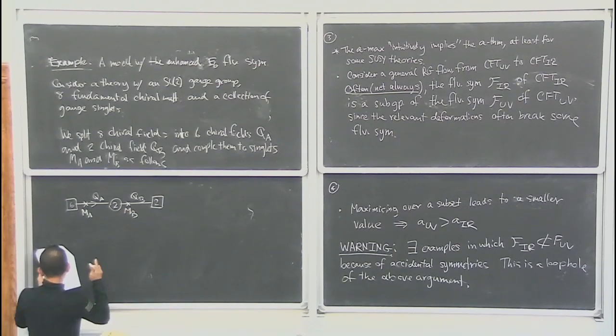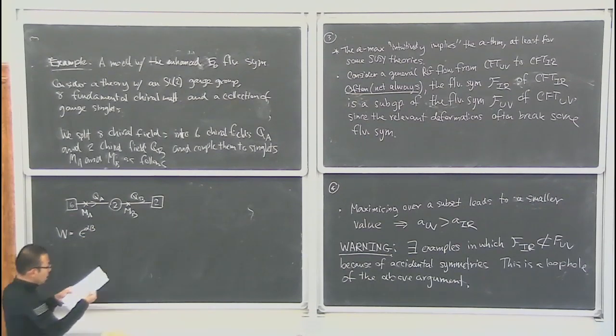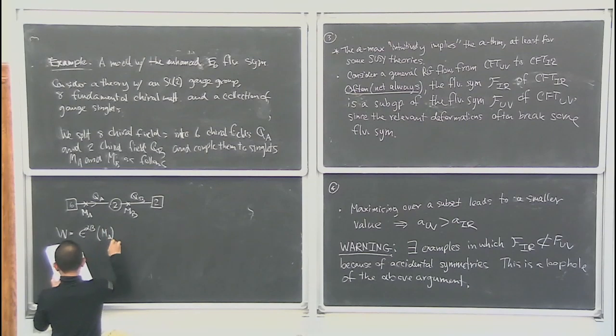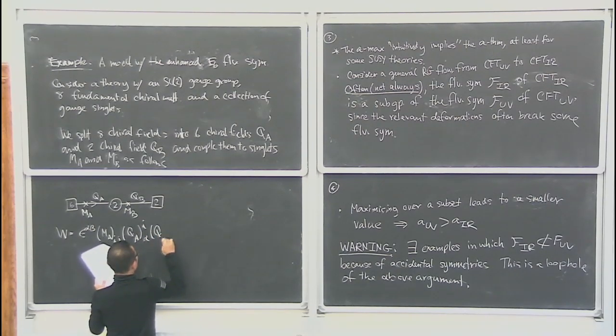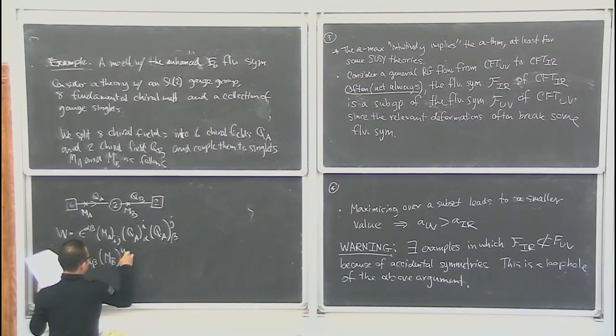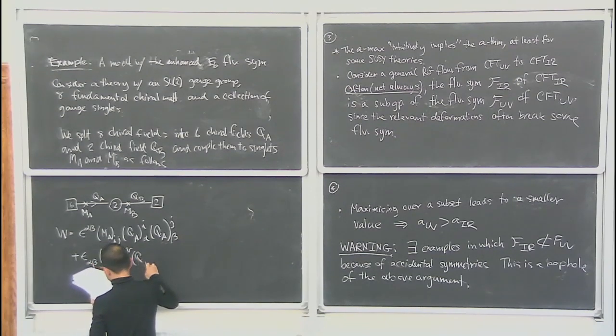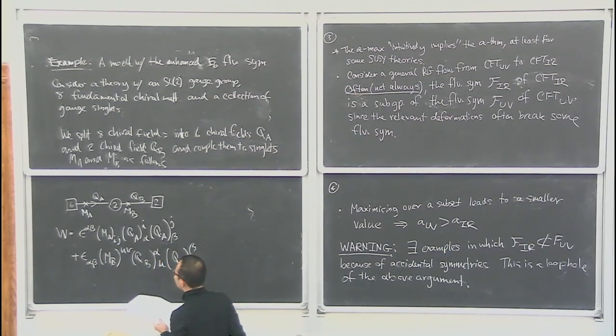So for these MA and MB, the superpotential is as follows. It's epsilon alpha beta, where alpha and beta are the gauge indices, contracting MA IJ QA I alpha QA J beta, plus epsilon alpha beta MB UV QB alpha U QB beta V. Okay, so let me tell you, alpha and beta equal 1 to 2.